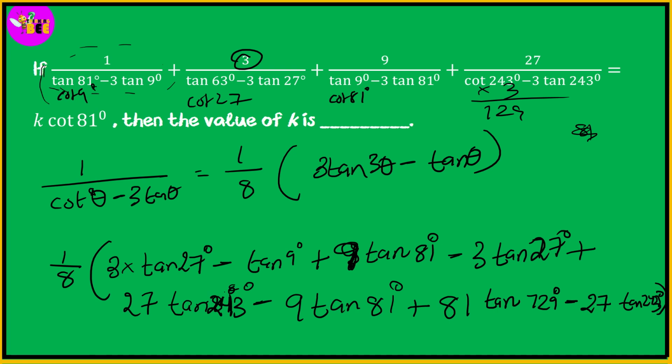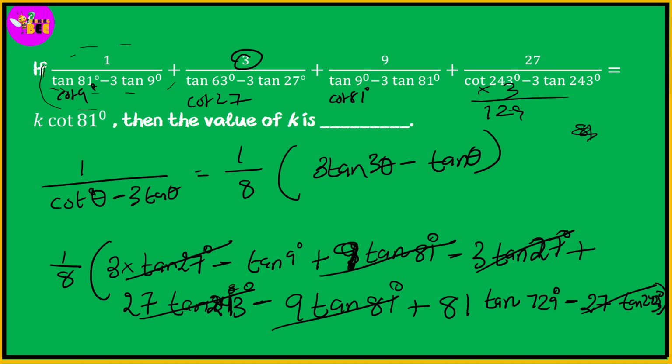This is basically this whole expression rewritten in the form 1 by 8 times 3 tan 3 theta minus tan theta. Now, we can cancel out many terms over here, 3 tan 27 minus 3 tan 27, 9 tan 81 minus 9 tan 81, 27 tan 243 minus 27 tan 243. What we have left is minus tan 9 degrees plus 81 tan 729 degrees.